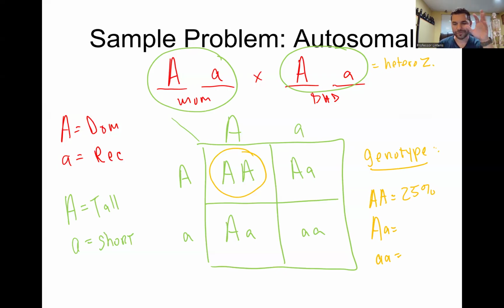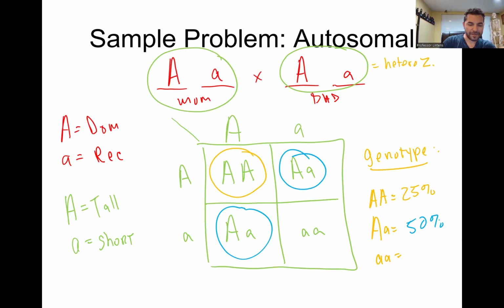I kind of ran out of room, but I'll draw it somewhere. 25% chance their offspring would have a big A, big A, and thus would be tall. 50% chance, I'll do it in a different color so it's not confusing, heterozygous. It would still be tall, right? And 25% chance homozygous recessive. This is what we call the genotypes, the percentages of what the allelic variation is going to be.